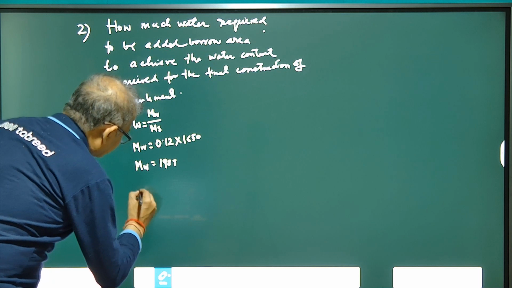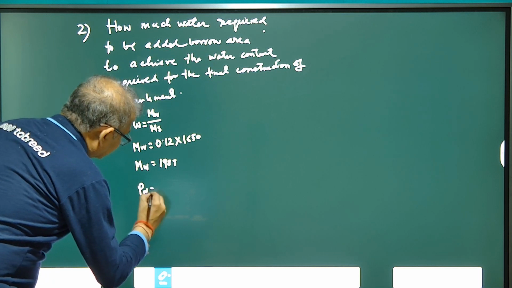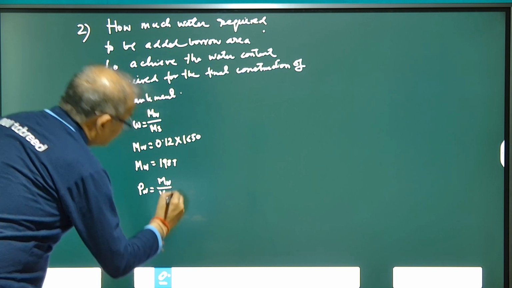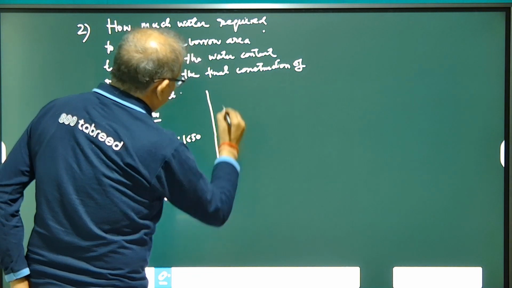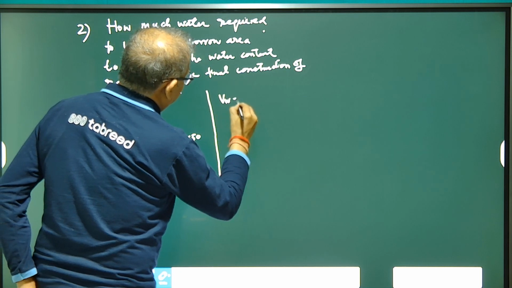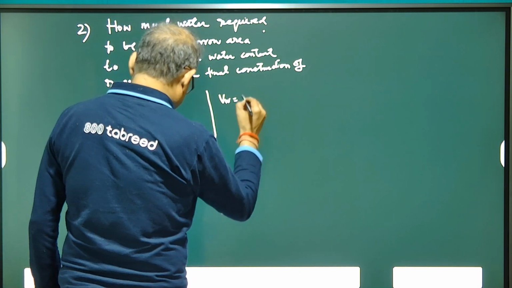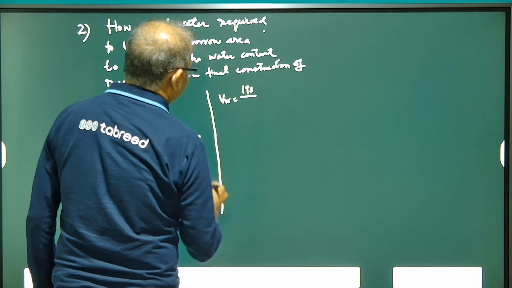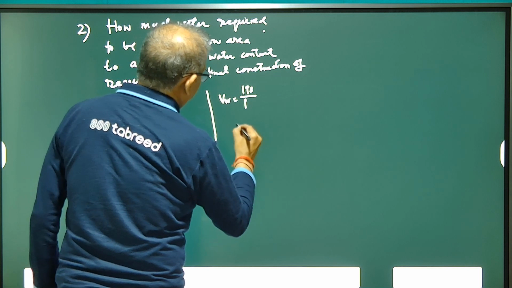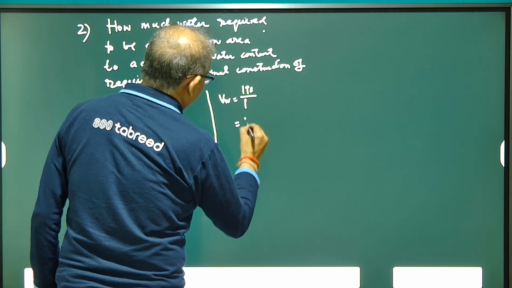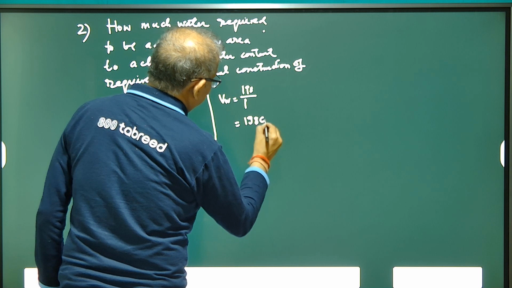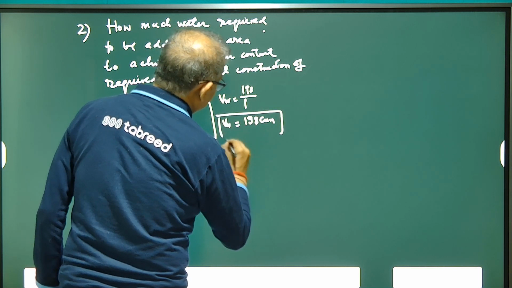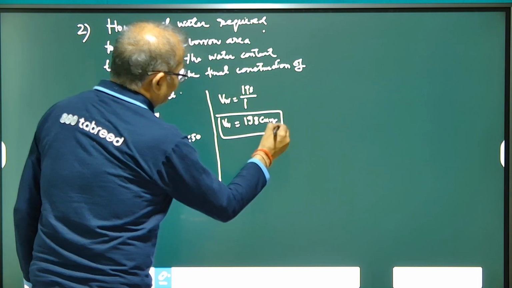We also know that density of water is mass of water to the volume of water. So volume of water will be mass of water, which is 198 tons, divided by density of water, 1 ton per meter cube, so volume of water will be 198 cubic meter. The volume of water available in the borrow area soil is 198 cubic meter.